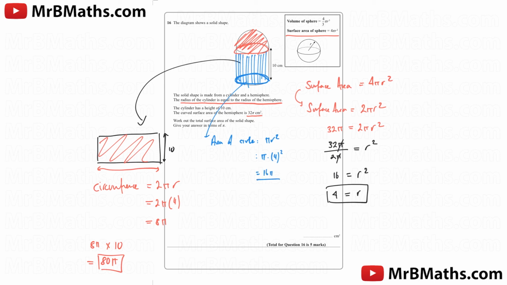Now I have my 3 measurements, so I can do 80 pi plus 32 pi plus 16 pi, and adding those all up, 80, 32 and 16, I'm going to get 128 pi as my final answer, because it does say leave in terms of pi.